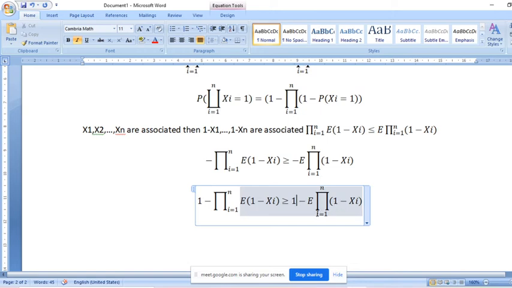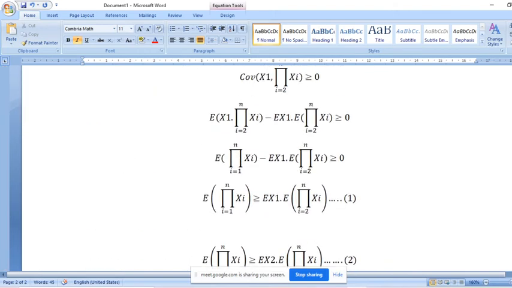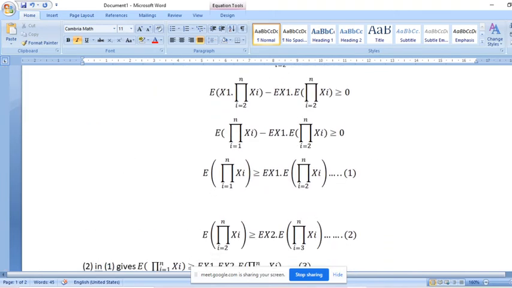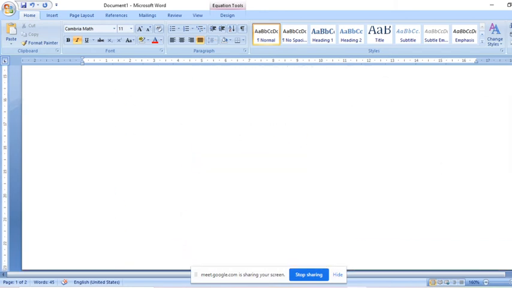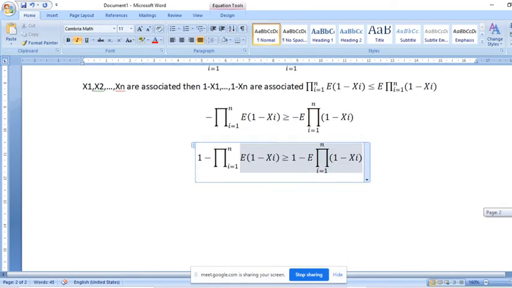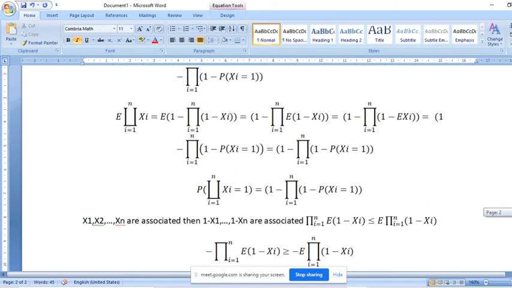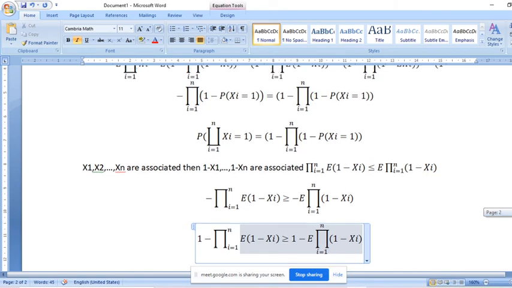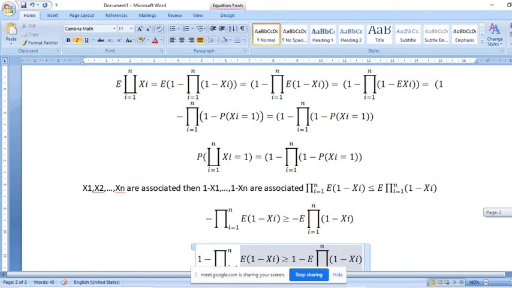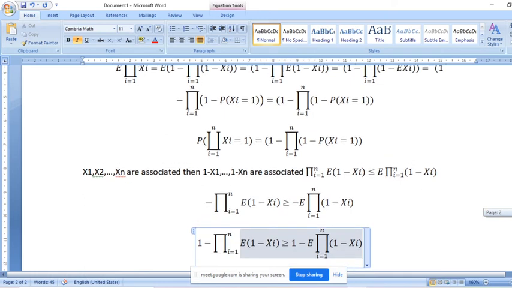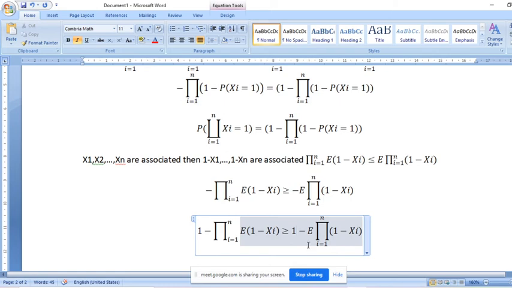This is actually... what is that? We can apply this equation to this formula. Expectation of xi will be greater than or equal to this.